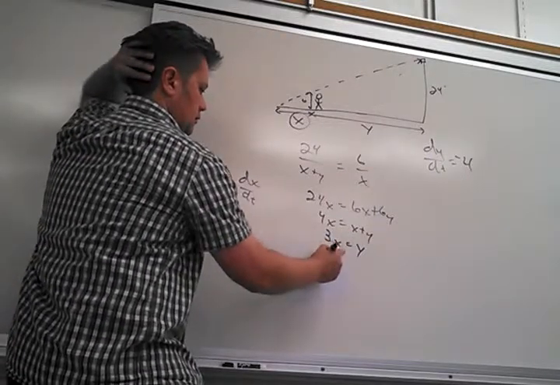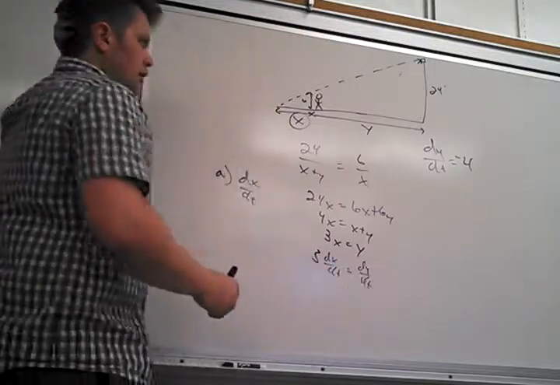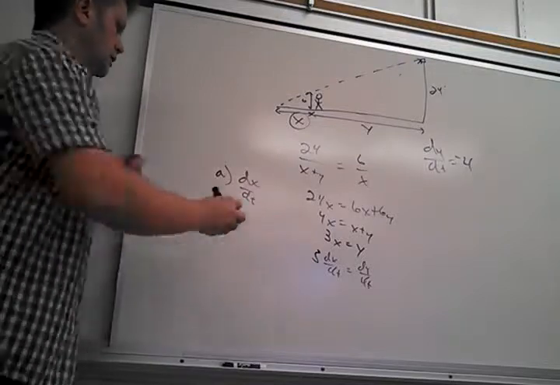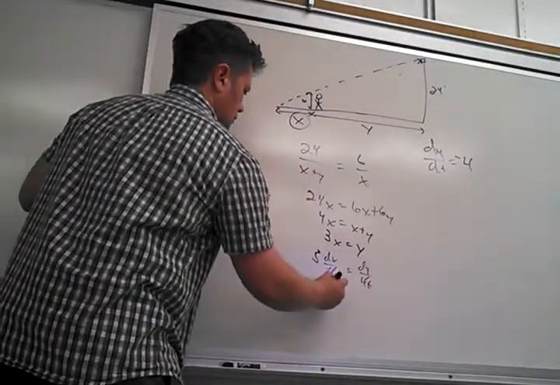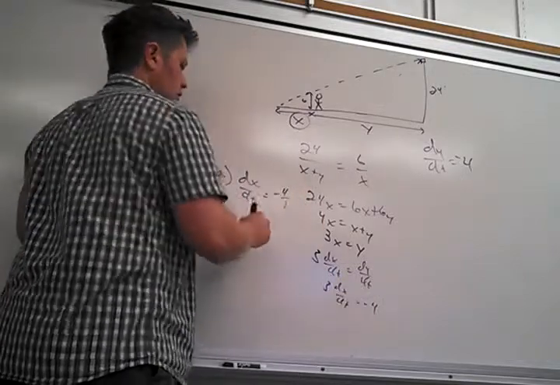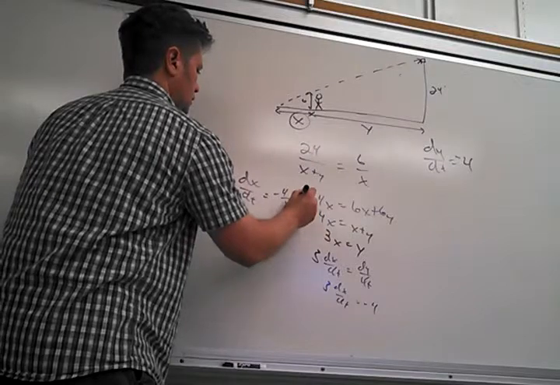Coolness. And I know that dy/dt is negative 4, so that's pretty simple now, right? So dx/dt must be negative 4/3. What units? Feet per second. Cool? Yeah. Cool.